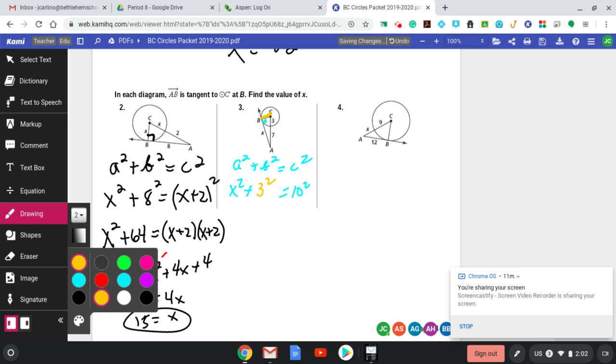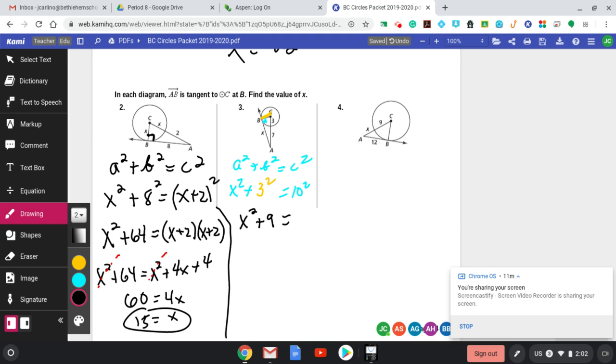Now we're solving this, no factoring or anything here. X squared plus 9 equals 100. X squared equals 91. We'll just keep it in simplest form. You cannot break down 91, I'll just give you guys a heads up there.